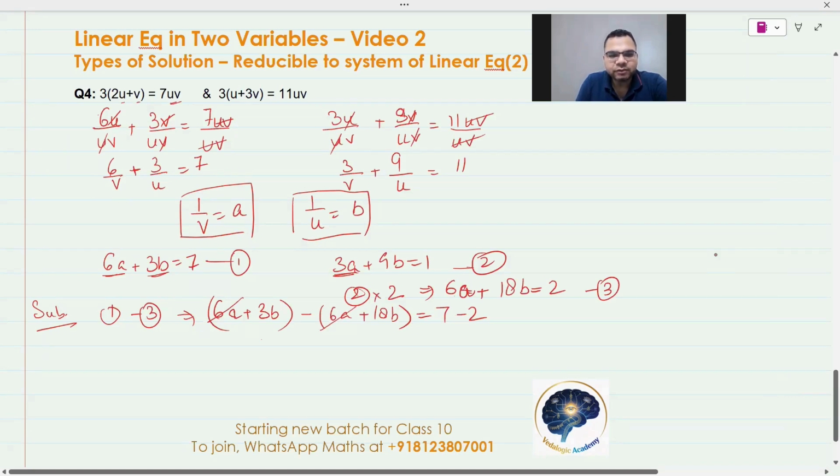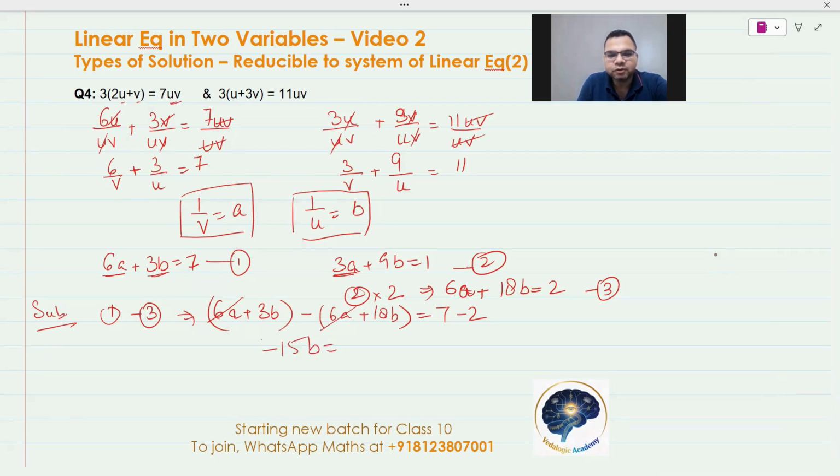And we have 3b minus 18b, which becomes minus 15b equals 7 minus 2 is 5. So if I calculate b, it becomes minus 5 upon 15, because minus 15 will go to the right hand side and it will divide 5. So this becomes minus 1 by 3.